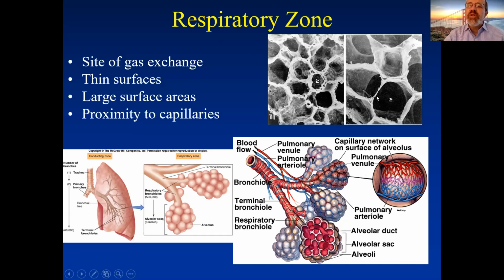This is where we see simple squamous epithelium, very thin, which allows air to move very rapidly from the breathing tubes all the way into the blood. Those are little blood vessels. With all this, not only branching, but formation of these little grapes, we're greatly increasing the surface area, much like we did in circulation.